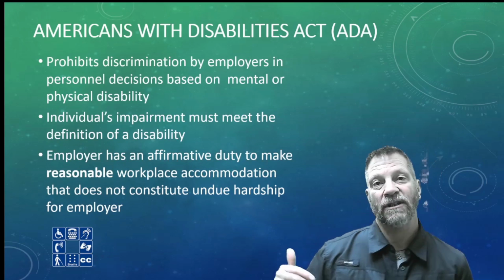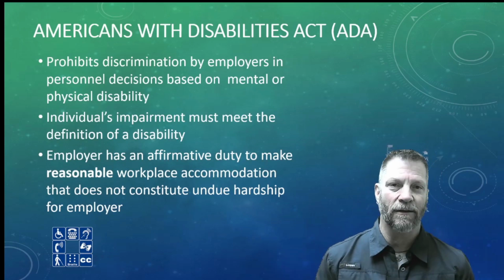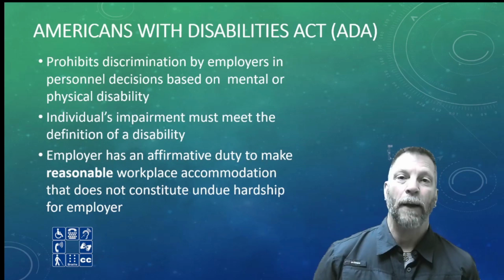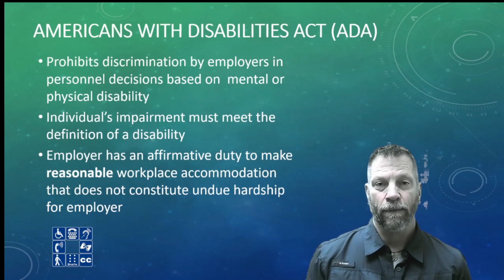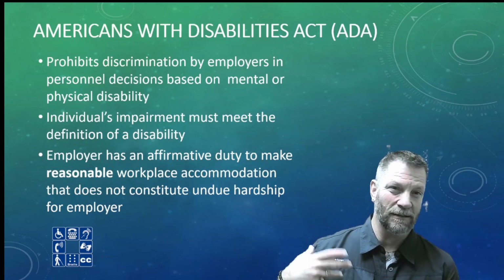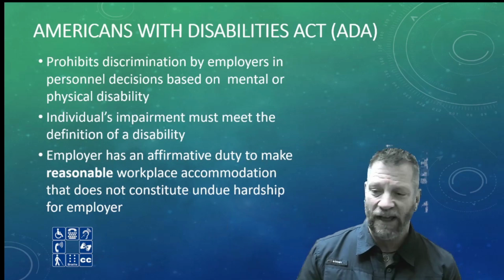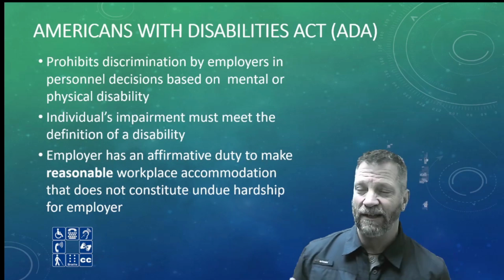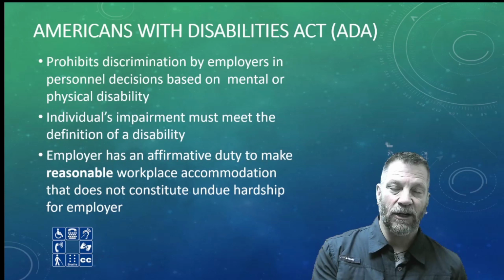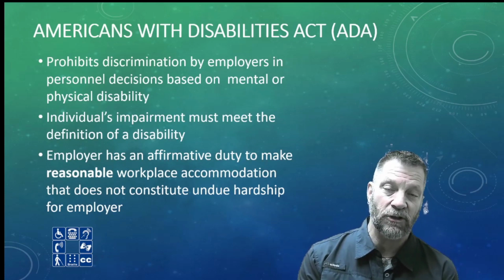So the degree of reasonability and what makes a hardship usually revolves simply around that big old dollar sign, money. If you need something like a special monitor, a bigger monitor, maybe you need a standing desk or a special chair, something of that nature, bring in a note from your doctor that states what your disability is and what accommodation you need.